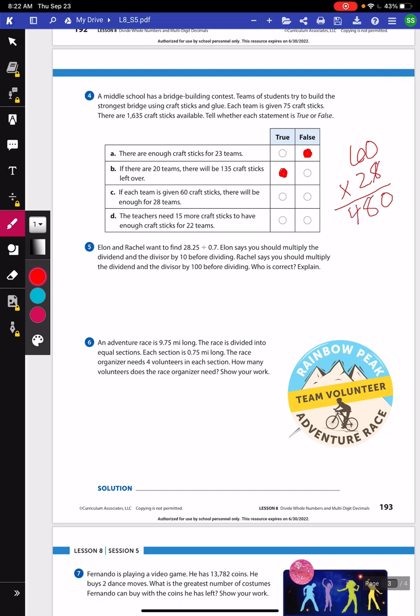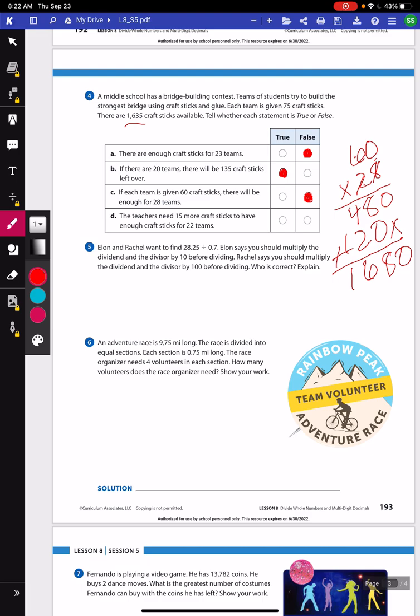I'm done with my 8, so I add my placeholder. Now I do 2 times 0, and I get 0. 2 times 6 is 12. Done with my 2, so now I can add. 0 plus 0 is 0. 8 plus 0 is 8. 4 plus 2 is 6. And nothing plus 1 is 1. So I get 1,680. So that would tell me that is false because we don't have enough.